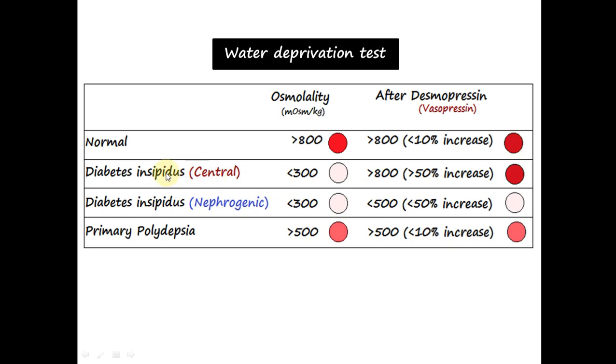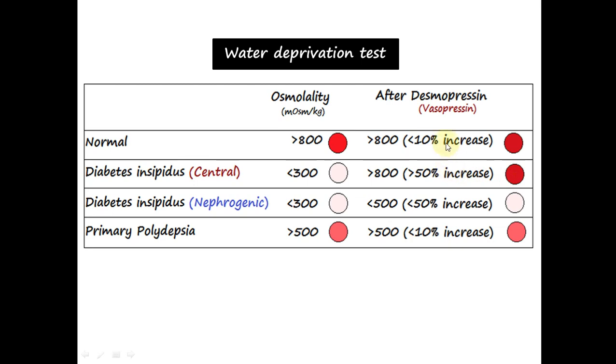But here in central diabetes insipidus, after water deprivation, there was no change in the urine due to lack of antidiuretic hormone. But when we administered antidiuretic hormone, it increased reabsorption of water from the urine, and the urine became hyperosmolar.